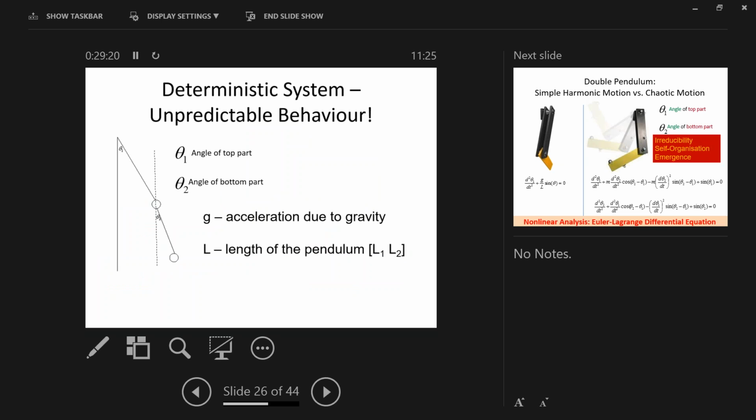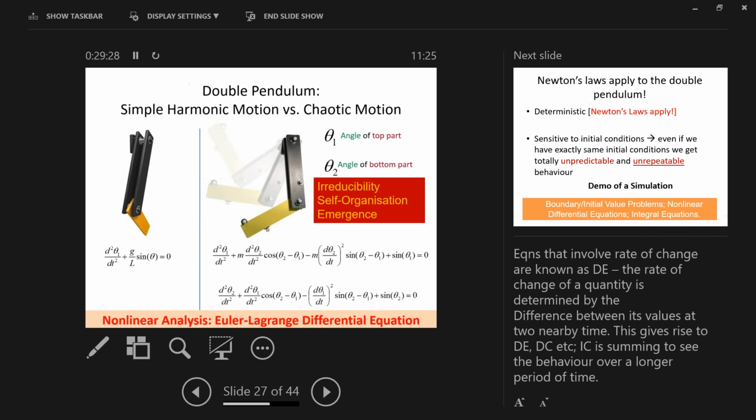One can do it using simple first year mathematics. So you will get certain equations. On the left hand side of the screen, there is a simple harmonic motion. You will understand that it's predictable behavior. But on the right hand side, you can see more complex behavior or different equations.